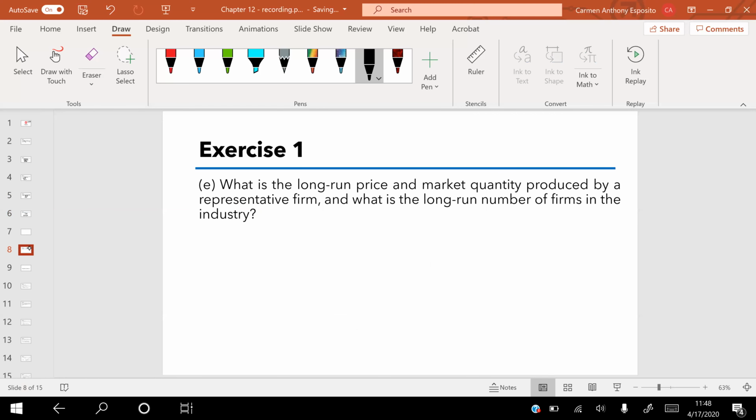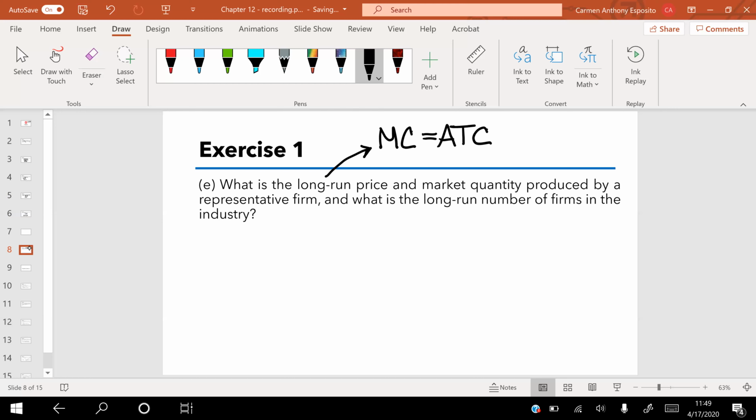And then what is the long run price and market quantity produced by a representative firm? And what is the long run number of firms in the industry? Well, in the long run, what we want is marginal cost to equal average total cost. And why is that?